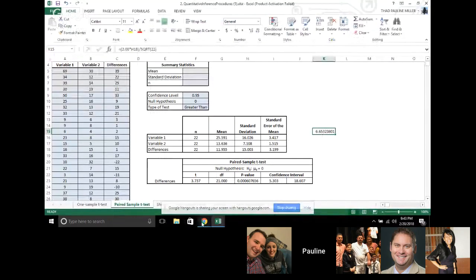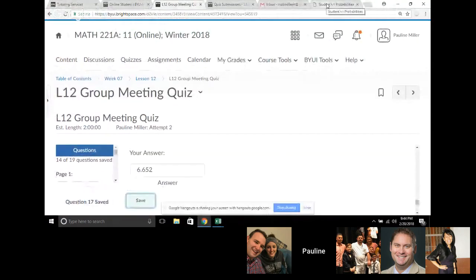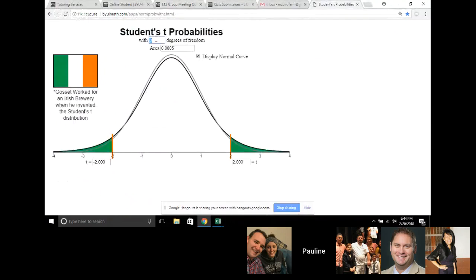He had showed me how to go up to the student's probability and put in the degrees of freedom, which was 21, and then put in 0.05 because I've got the shaded outside here.